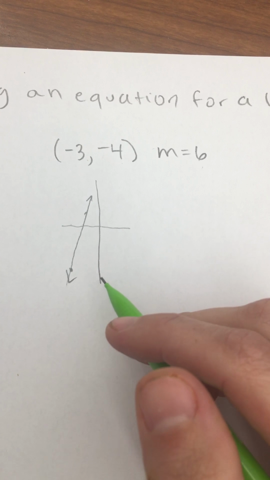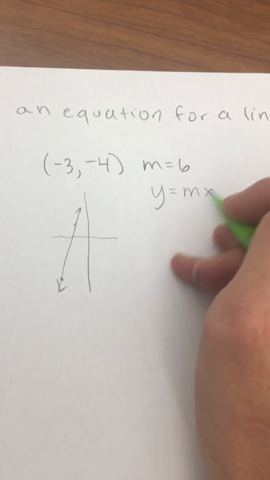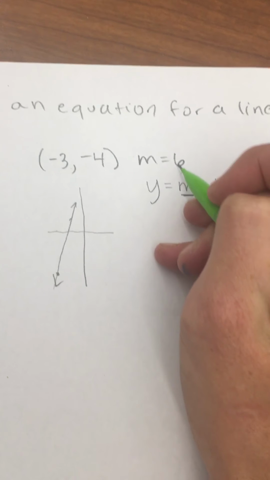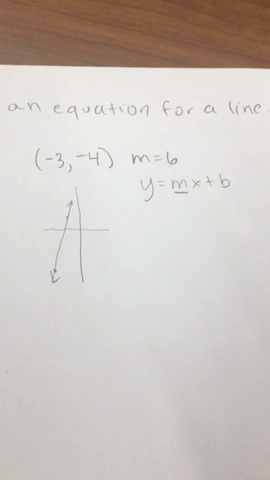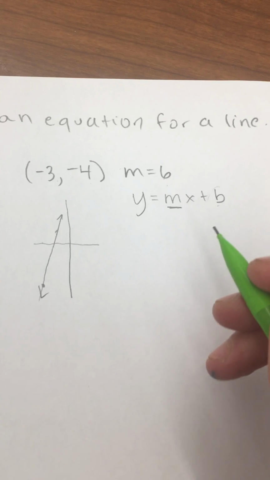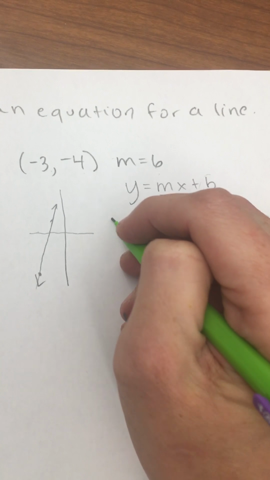Without a graph, it's going to be difficult for me to identify the second part that I need to write my equation. Remember, my equation is y equals mx plus b. I know the m, but I don't know what b is. So I need a new strategy. And the strategy we use is something called point slope form, or point slope equation.